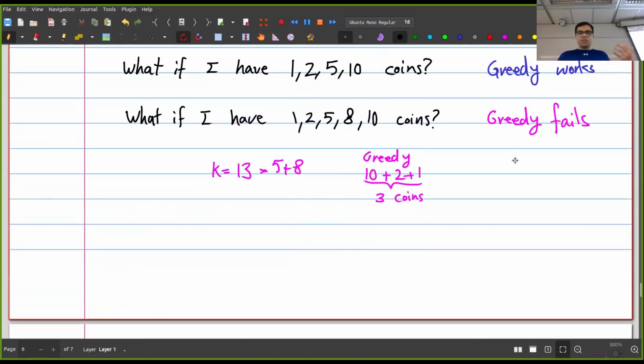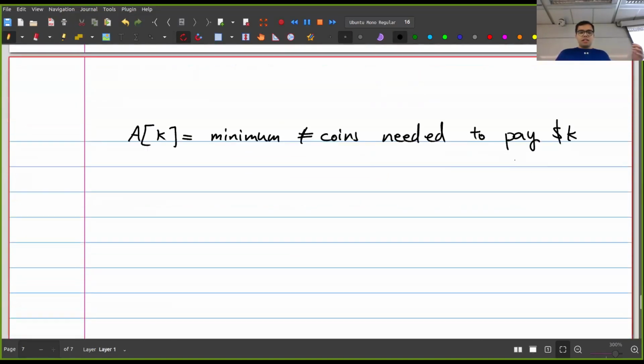Now, I want to fill out this array starting from index 0 and just going forward, right? Let me actually just write the pseudocode here. It's super easy. For every K from 0 to some N, I want to calculate A[K].